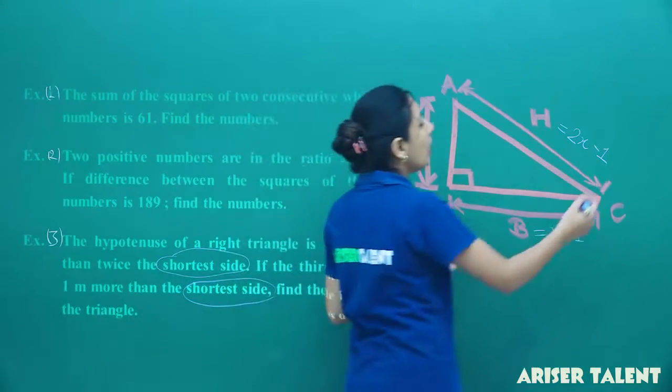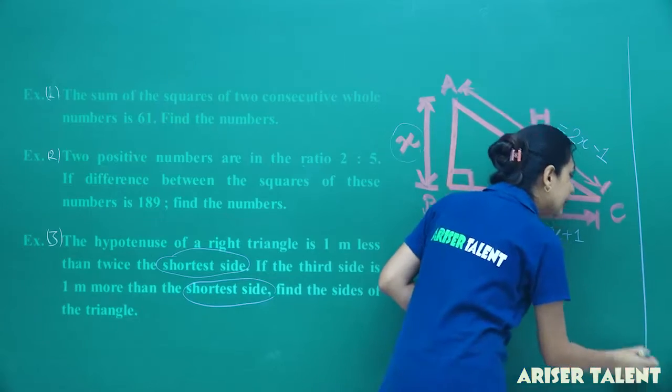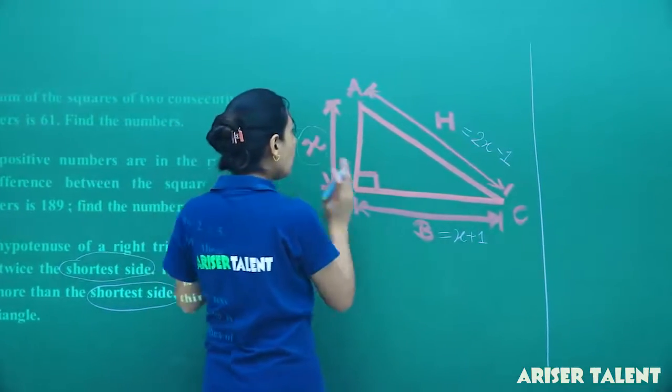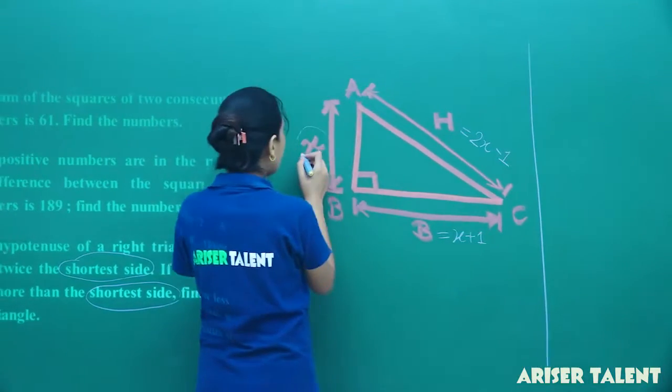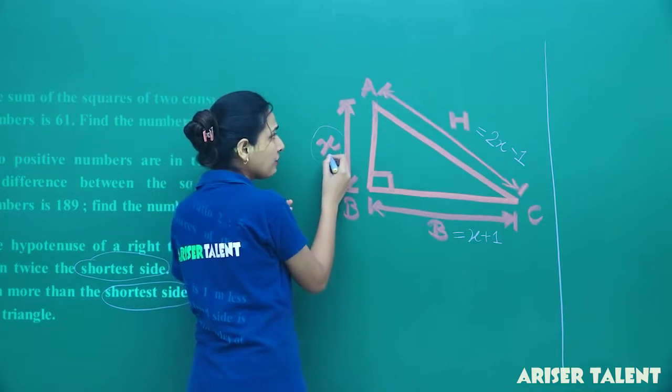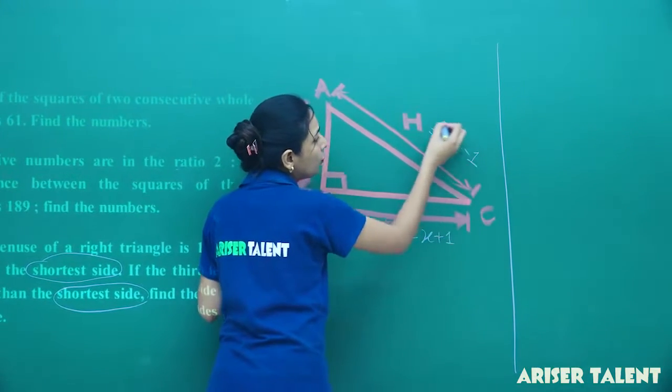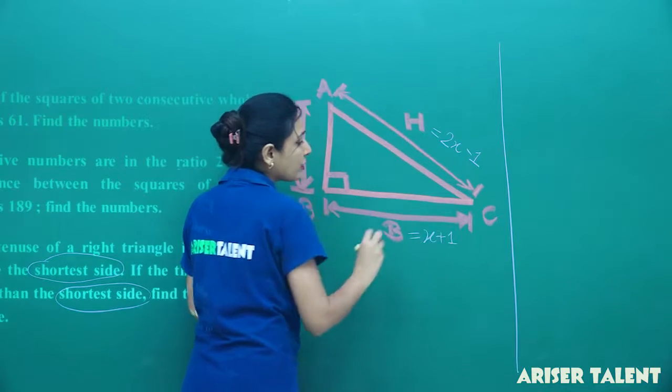Okay. Now with the language part, this is our diagram, this is our question. Now what we have to do? Forget this question, we have to find out this x. If we find x, we can know the value of 2x minus 1 and the value of x plus 1.